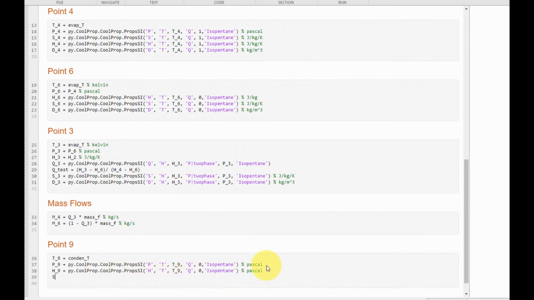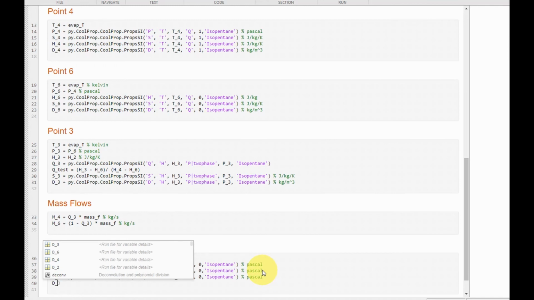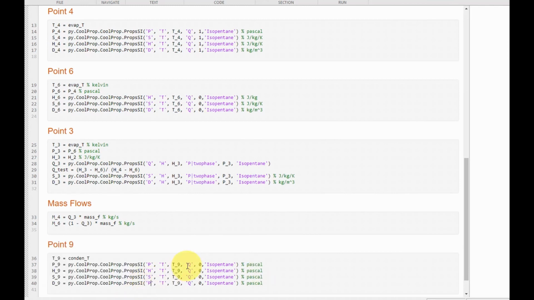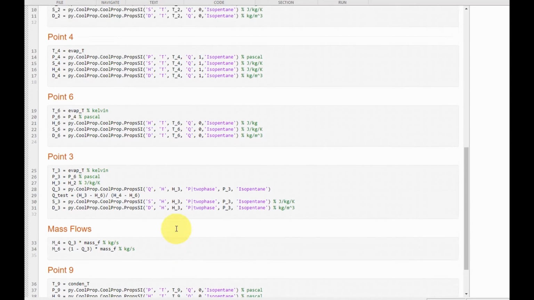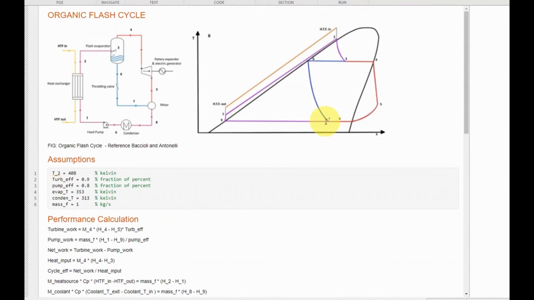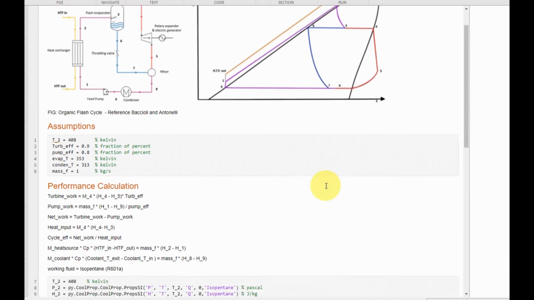And then I can do the same for entropy and change this to X. And I can do the same for the density and change this to D. So with this information, we could now go ahead and calculate the properties at point 7 and at point 8.